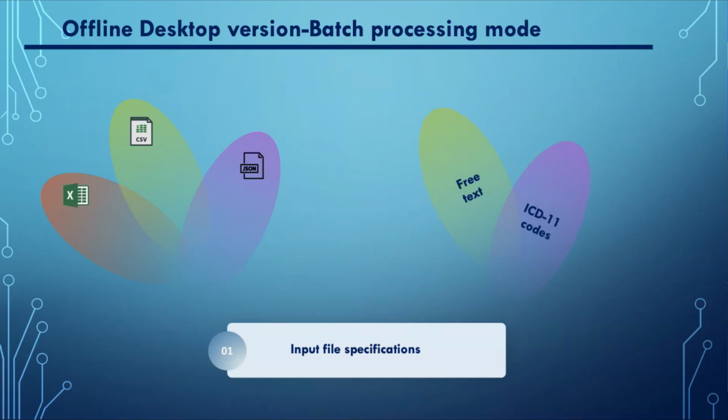You can have the text mode and the code mode. The text mode is when you have text-based causes of death in your data sets on a death certificate. You will run it using the input files in the batch processing mode of DORIS, and then you will get in the output the underlying cause of death selected, with the report saying what were the rules running in the back end that helped to select the underlying cause of death.